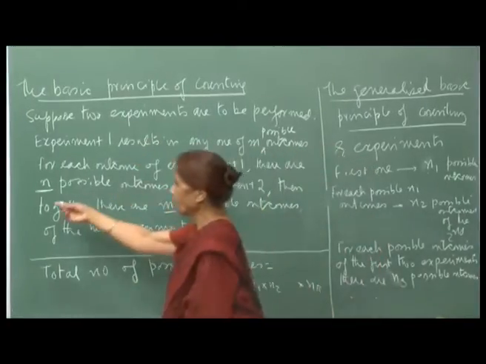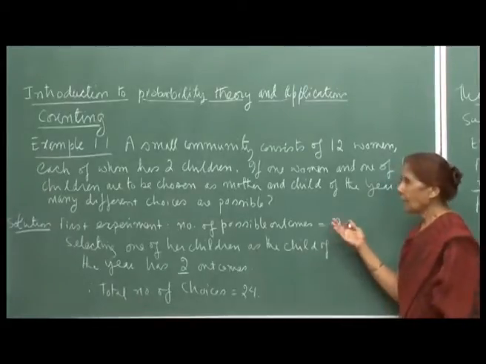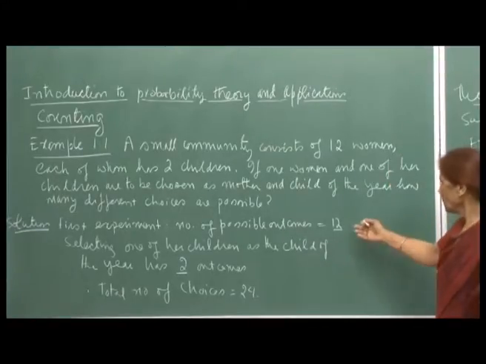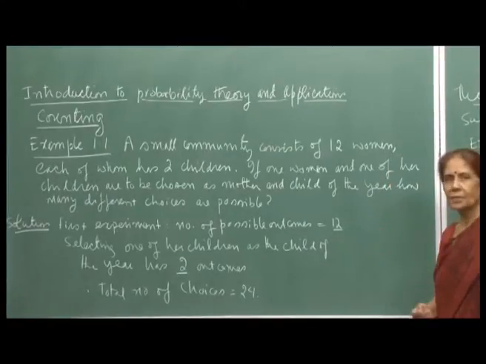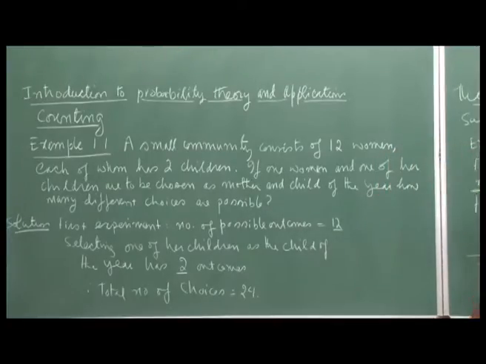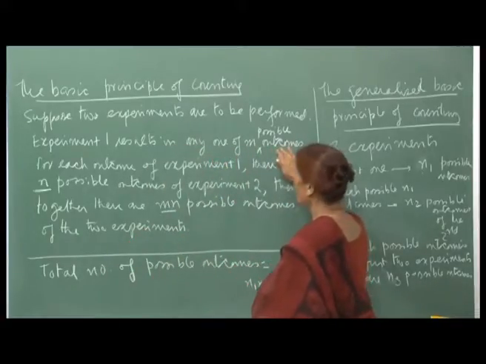For example, here my first experiment was choosing the mother of the year, and since there are 12 women out of which I have to choose the mother of the year, there were 12 possible outcomes of this experiment. Any of the 12 women could have been chosen as the mother of the year. So, the first experiment results in m possible outcomes.